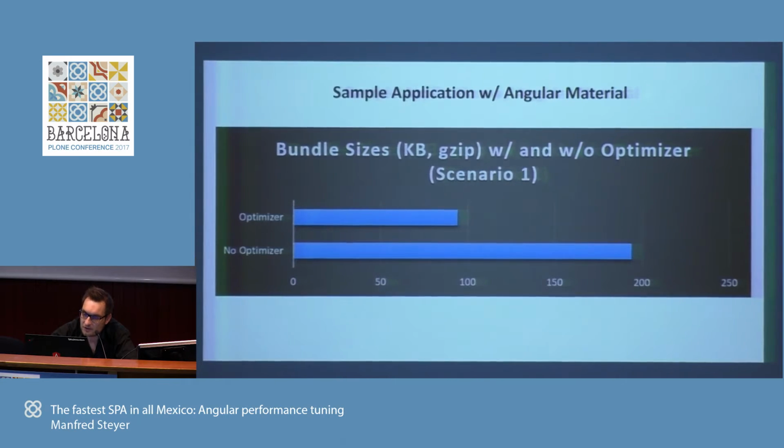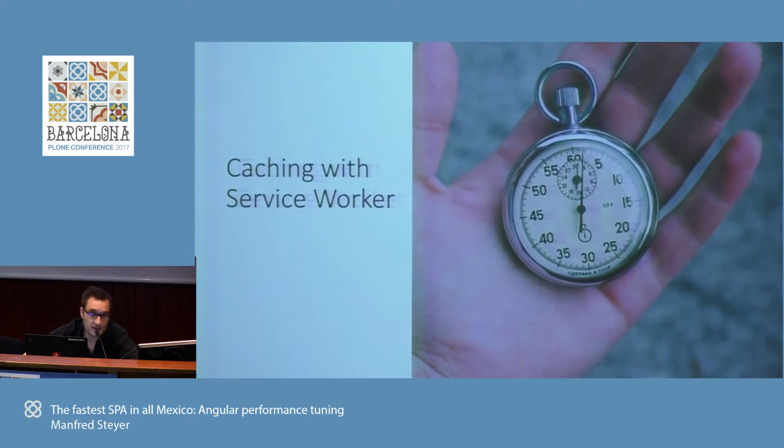And by the means of the build optimizer, this code gets more tree shakeable, and so the tree shaking tools can shake off all the unnecessary parts of Angular Material, and this is what results in this better bundle size. Nice thing.